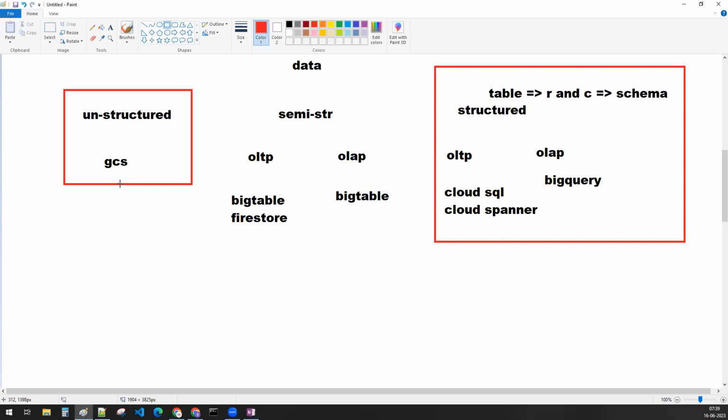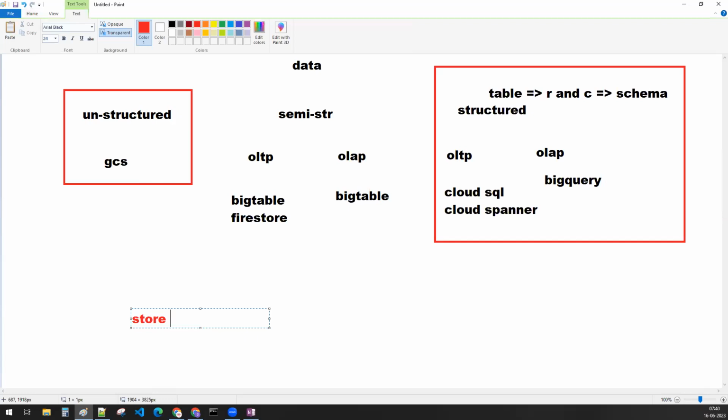And in our upcoming classes, we will come to know. At the end of our sessions, you will be able to understand a lot of things from this diagram. For now, you may not understand very much, but this is the overall idea. For storage or databases, this entire thing is called storage and database services.